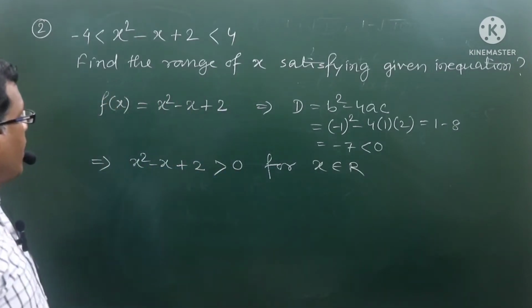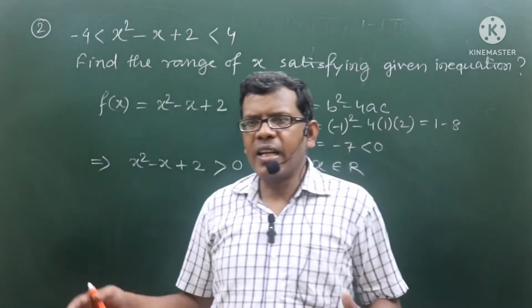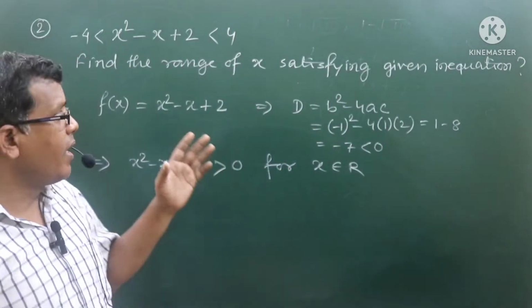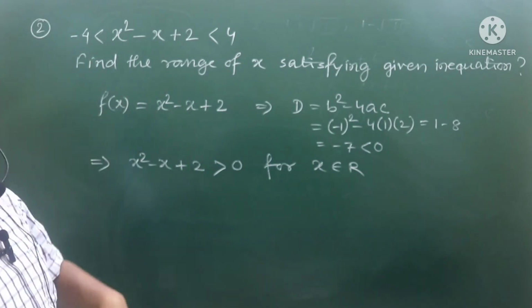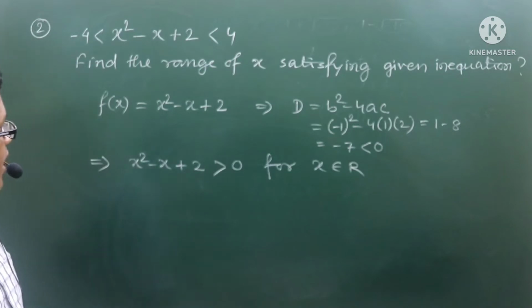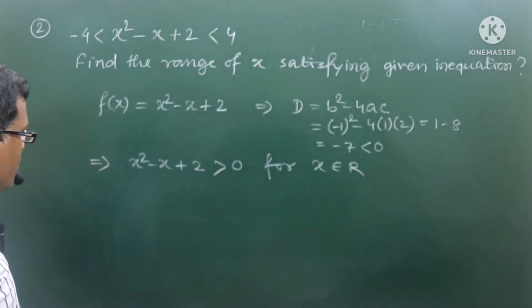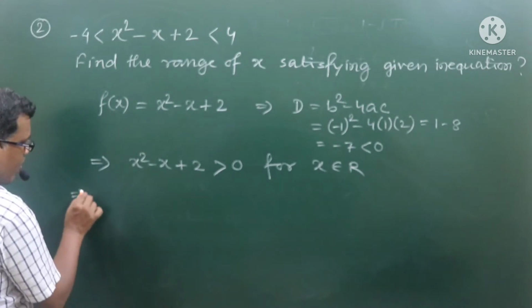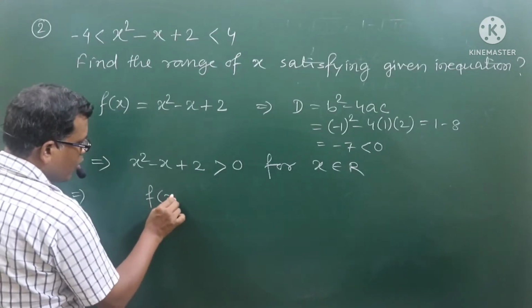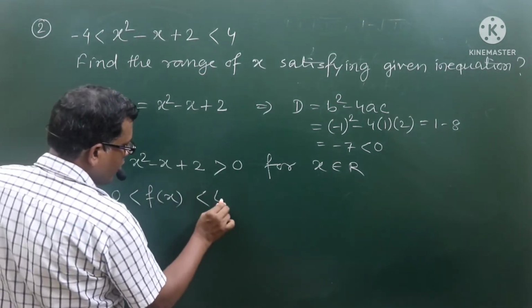So actually we have been asked to find the value of x such that the expression x square minus x plus 2 lies between minus 4 and plus 4. First of all, the expression can never be negative for real x. So this implies that we will make the argument of the inequation range from 0 to 4.